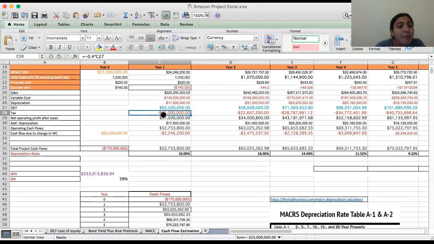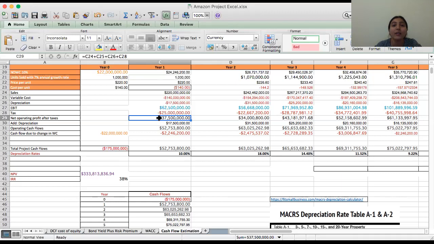Next thing is net operating profit after taxes. In order to find the net operating profit after taxes, you have to deduct the taxes. Here, I did sales minus variable cost minus depreciation, minus tax, so that we can get net operating profit after tax.